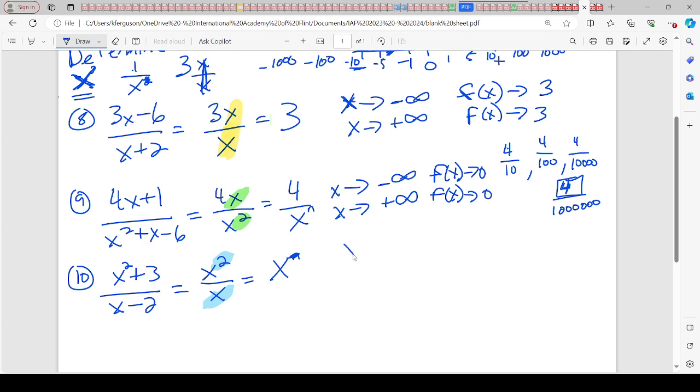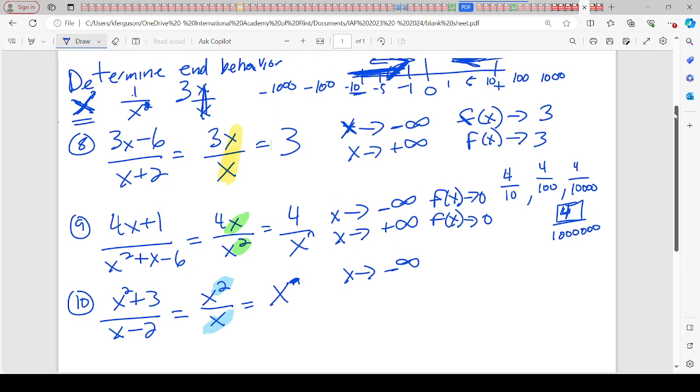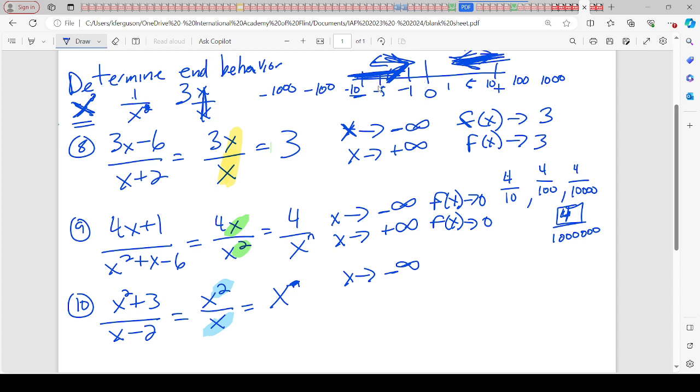What does that mean? Well, as x approaches negative infinity, which means on this number line, I'm just putting in negative numbers: -1, -5, -10, -100, -1000, f of x, my answer, approaches negative infinity.